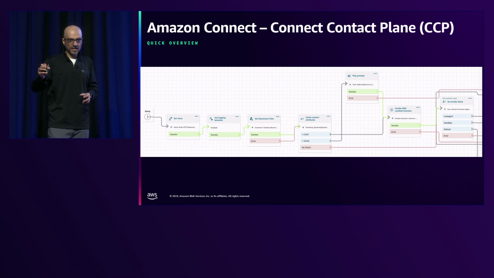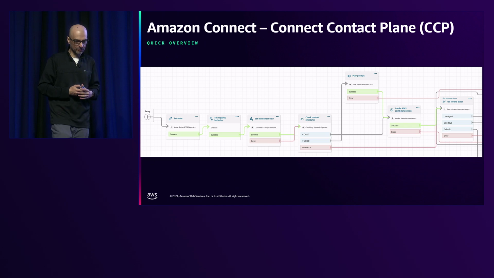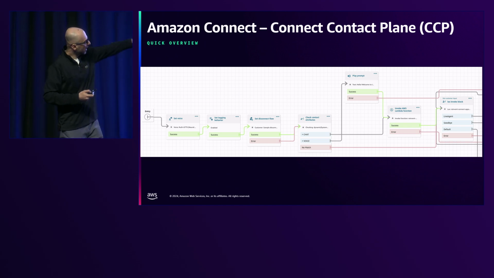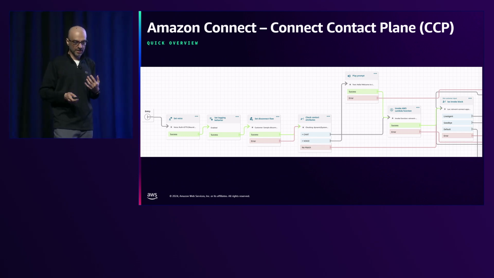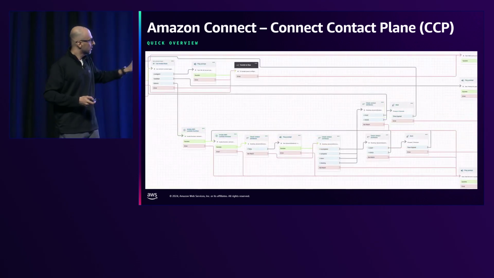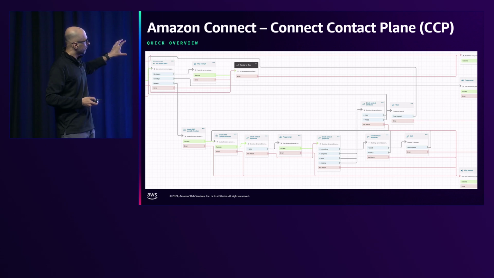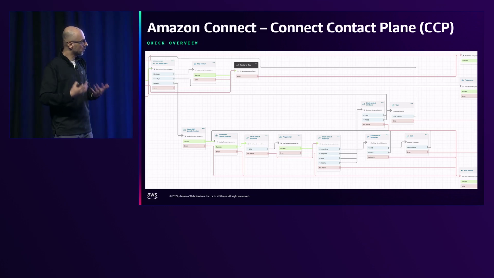If you haven't seen the Connect flows before, they can get a little complicated, but typically, this is what a flow looks like. Our Lex is being used to capture the user's intent. And then on the next slide, the flow circulates back and forth until it has a response from the backend.